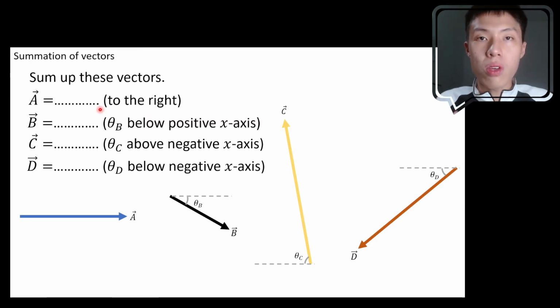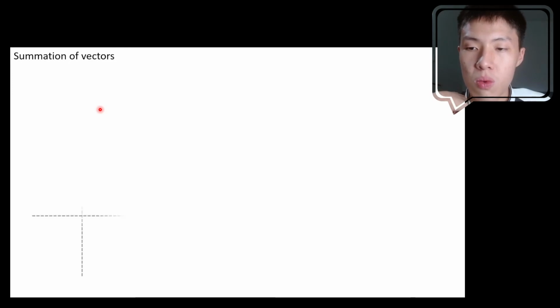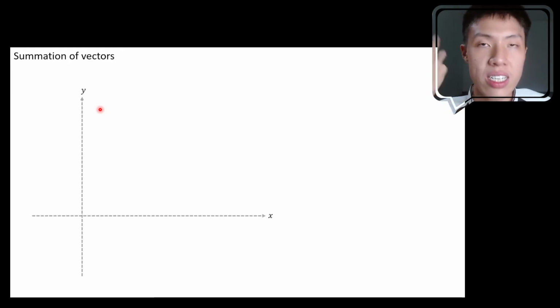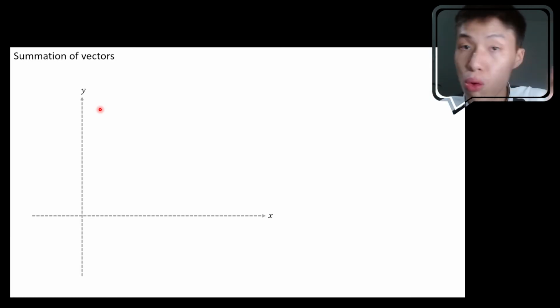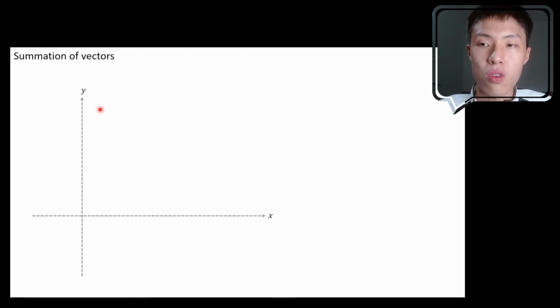Okay, well, let me show you again how we should do this in a graphical way, in a geometrical way. We should introduce an x and y axis first. To do any addition of vector using drawing, using geometry, we should create an xy axis, then put all the vectors into this xy axis.